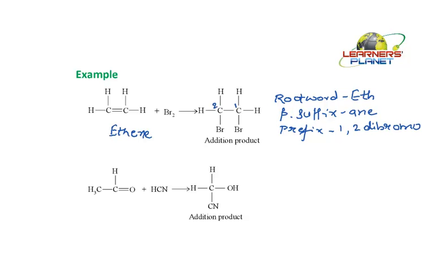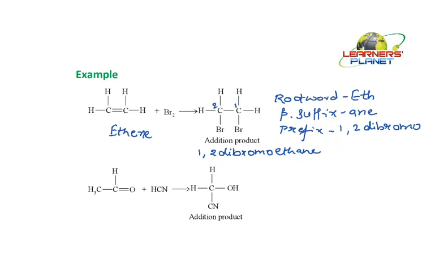So the name of the addition product would be 1,2-dibromoethane. This is the addition product formed.